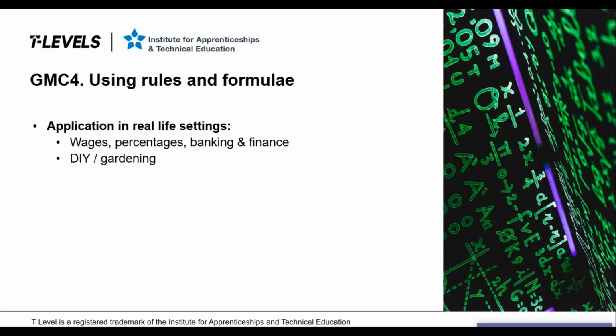In DIY and gardening projects, considering the rules for calculating area, perimeter and volume when you're painting and decorating, for example. And also for cooking, an easy one, carrying out calculations when the cooking time is reliant on the mass of the item being cooked, and also ratio to make more or less of an item from a recipe. And again in health, when calculating body mass index or medication reliant on weight and age, etc.